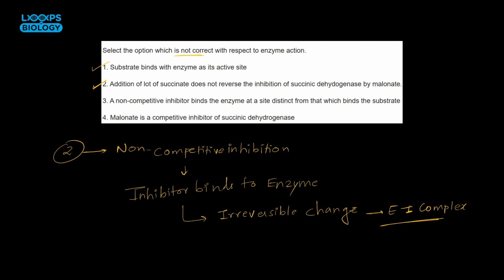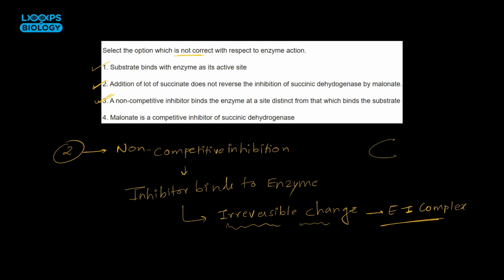Alright. A non-competitive inhibitor binds enzyme at a distant site from which the binding of substrate occurs. Yeah, it is true. Because after which it binds to some different site, then the enzyme is not open at its active site for the substrate. That's why it is here an irreversible change.